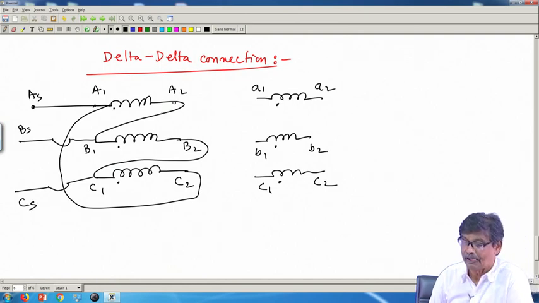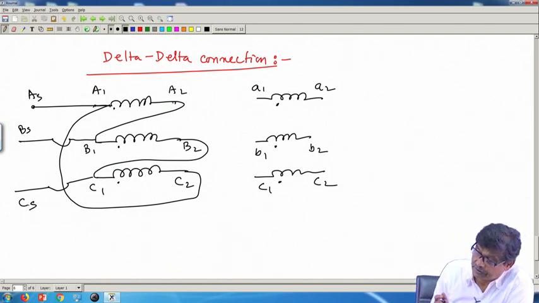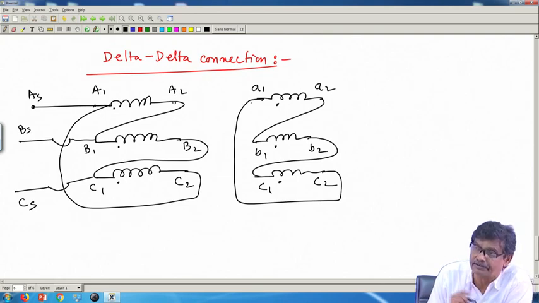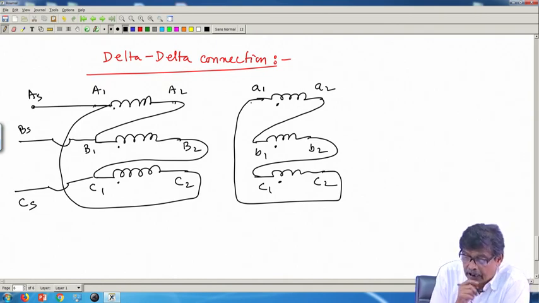Now, there are only two possibilities here: this way you connect the secondary, or the same way. Let us see what vector group it results into because of this connection. Proper delta connection, correct.